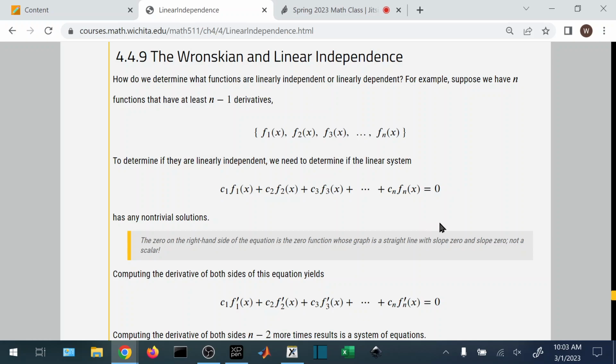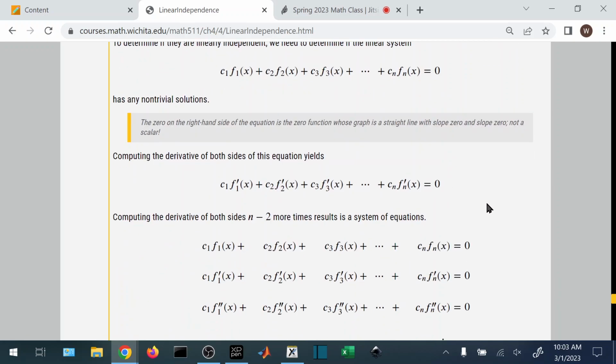Why does that work? The question we want to ask ourselves is, let's use the definition of linearly independent. Is there some linear combination of our n functions that gives us 0? Well, what if I compute the derivative of both sides?